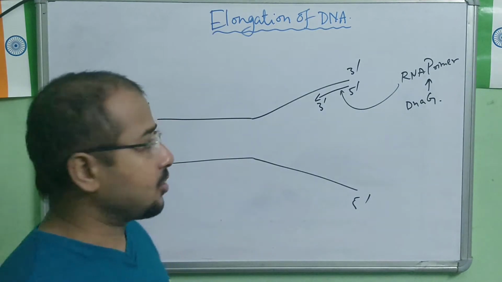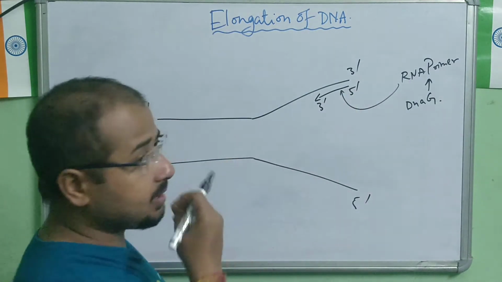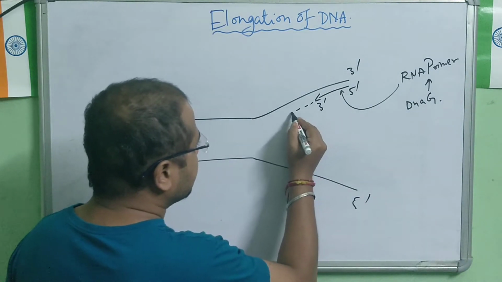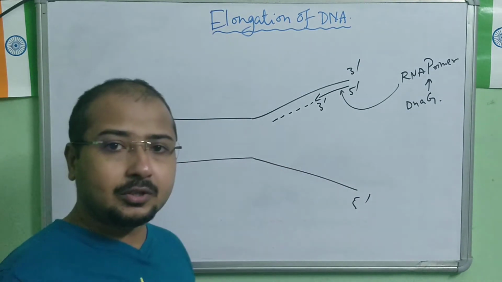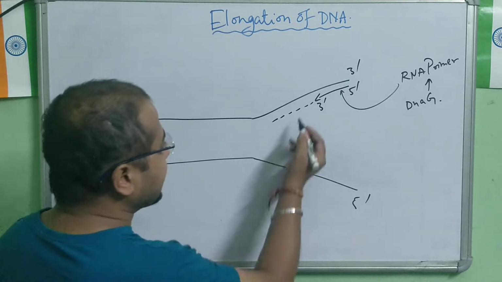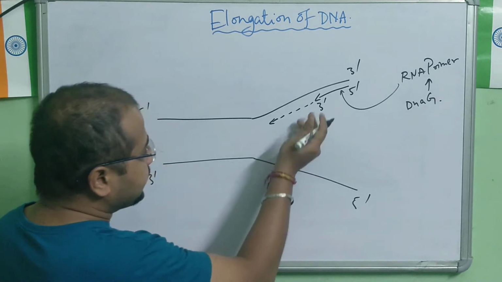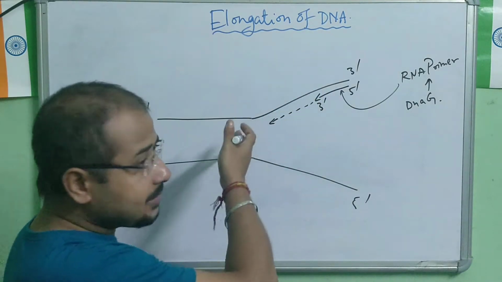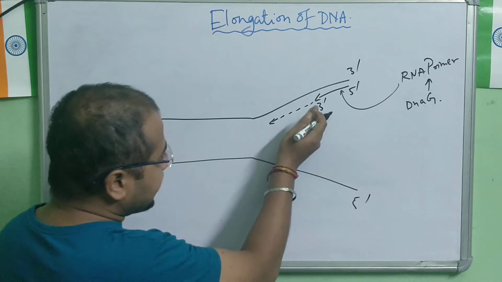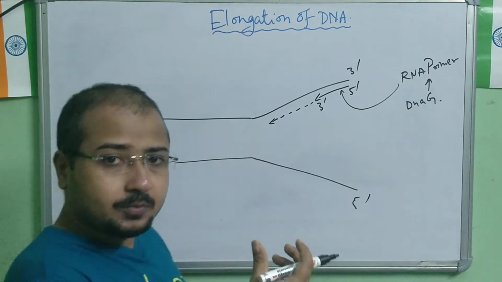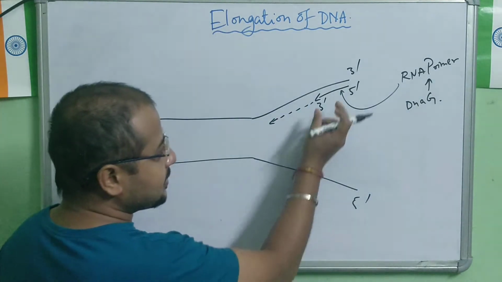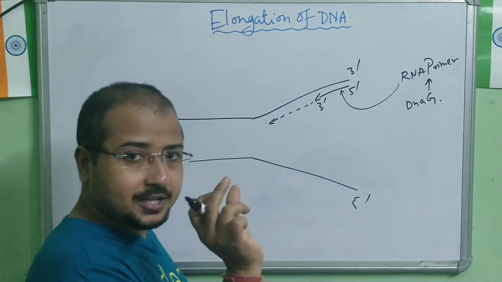Now what happens once the RNA primer comes here? From here the DNA nucleotide molecules, deoxyribonucleotide molecules, will start adding, and the formation of the strand takes place in this direction. There is a polymerization of the DNA strand. Just be very clear here. This is the RNA strand, a small segment of RNA.